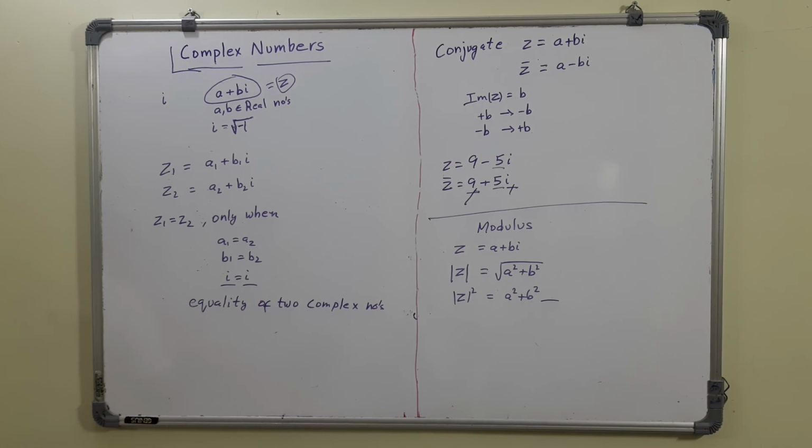Then comes the multiplication of complex numbers, and there are properties for multiplication as well, such as closure property, commutative law, associative law, existence of multiplicative identity, multiplicative inverse, and distributive law. Then we will learn about division of two complex numbers, and then we will solve problems.